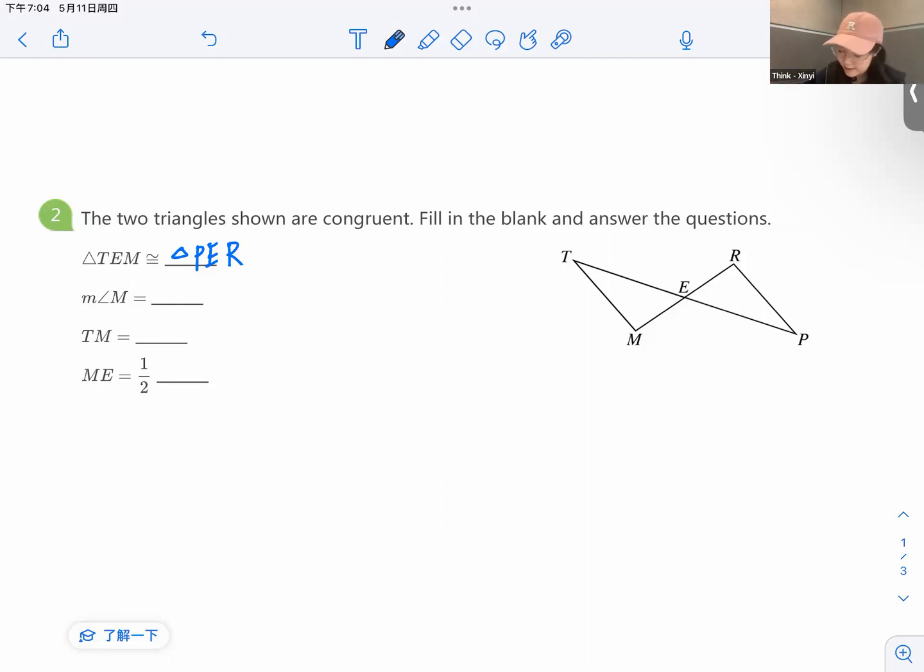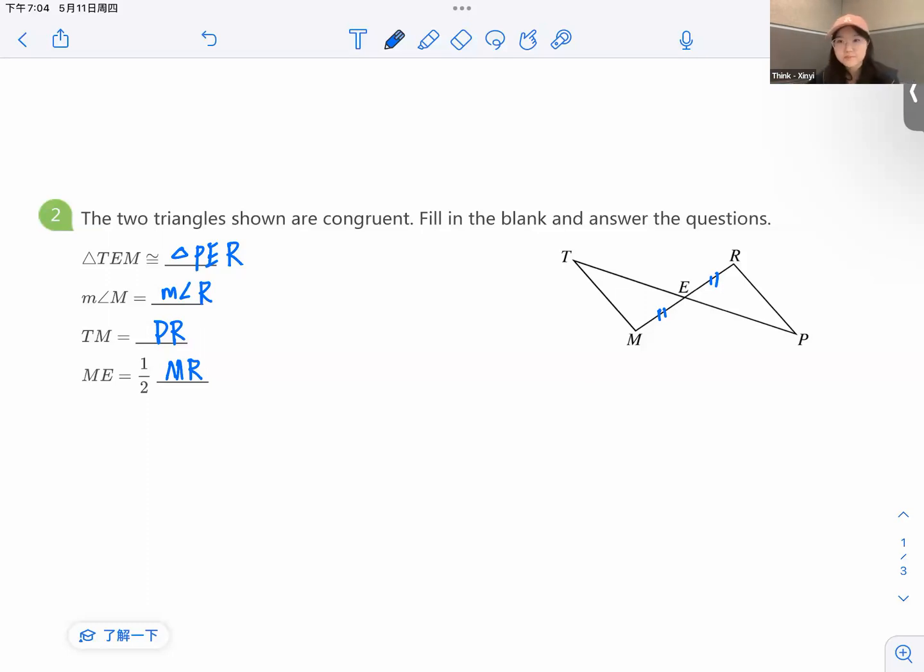And angle M equals angle R, and TM equals PR. And ME equals 1/2, since ME equals RE, so it's 1/2 of MR. Yeah, thank you, Ethan.